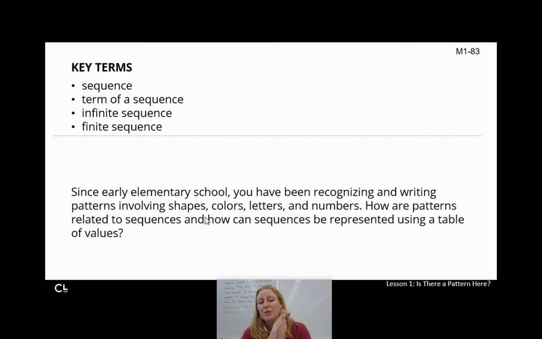How are patterns related to sequences, and how can sequences be represented as a table of values? I should warn you, as we go through today, we're not doing every single problem in this lesson, so we're going to be skipping around a bit. Make sure you're paying attention to those page numbers up in the corner so that you know where we're at.